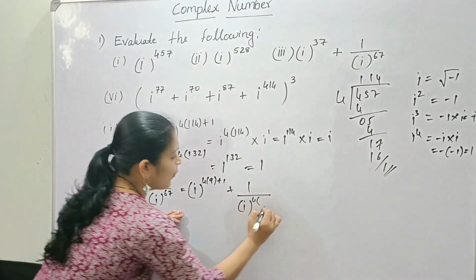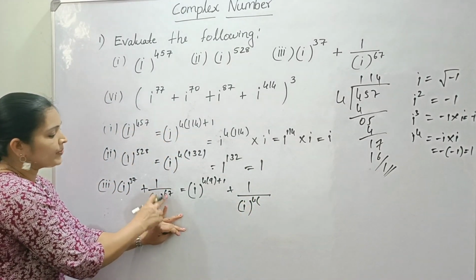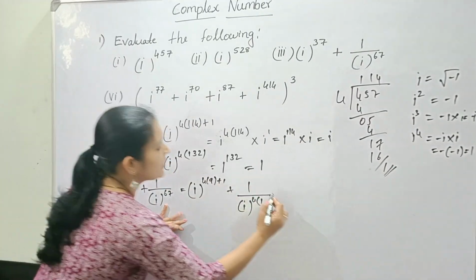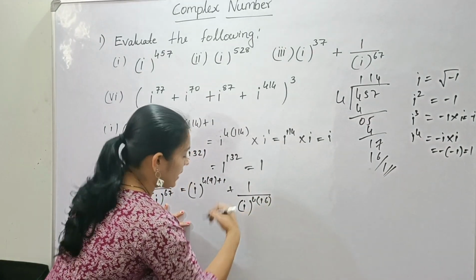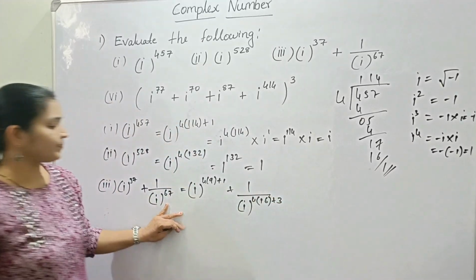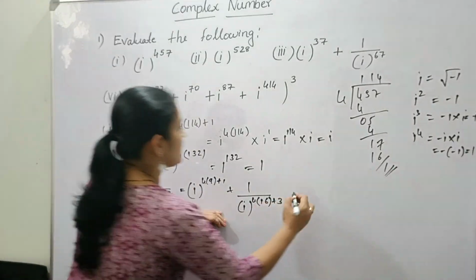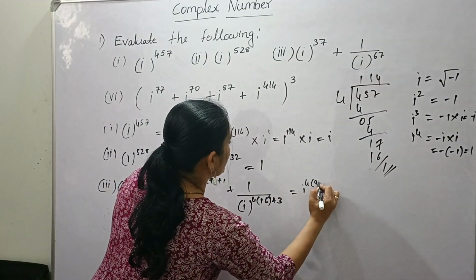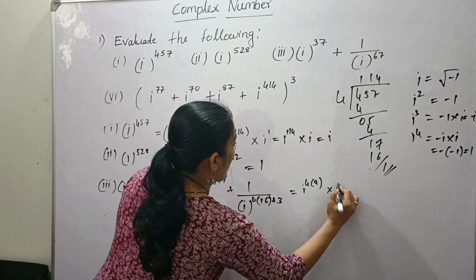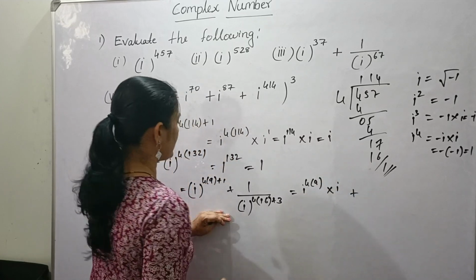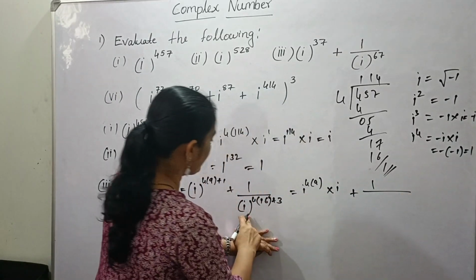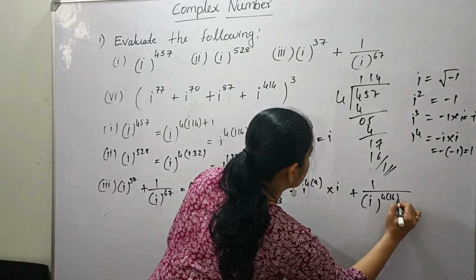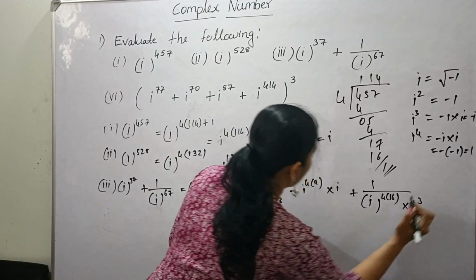Divide 67 by 4. 4 ones are 4, remaining 2, 4 sixes are 24, remainder is 3, right? That is equal to i raised to 4 into 9 into i, plus 1 divided by i raised to 4 into 16 into i cube.